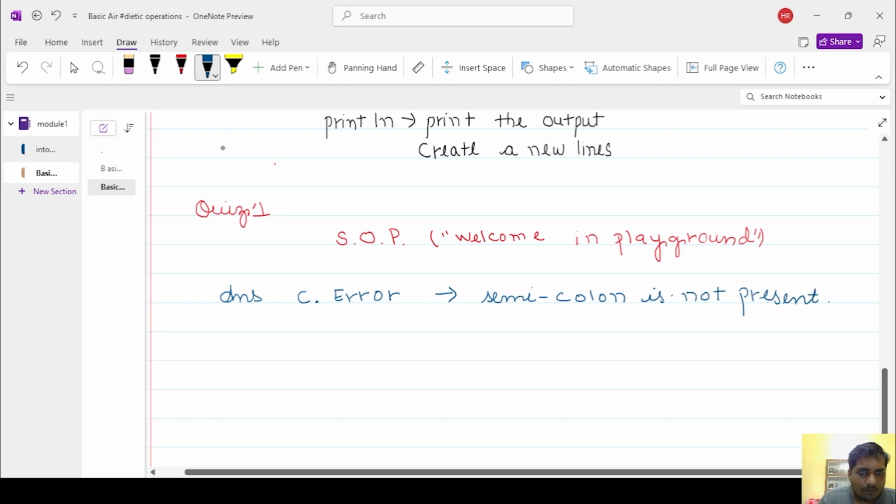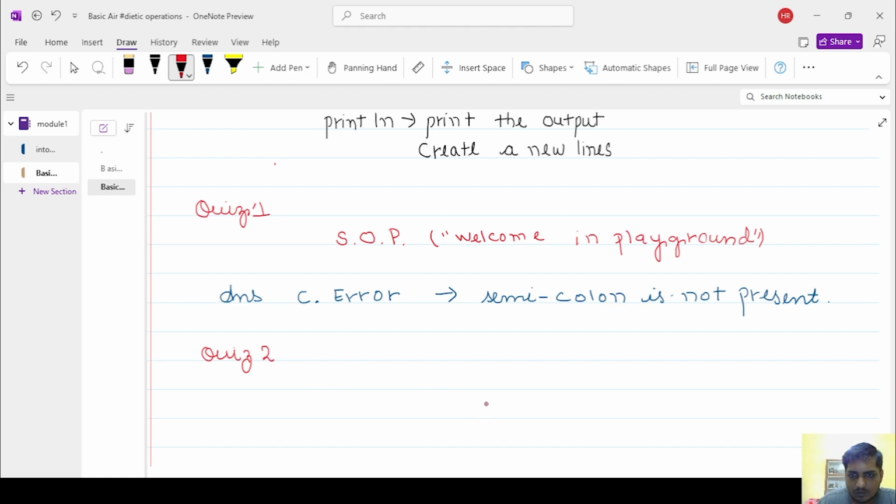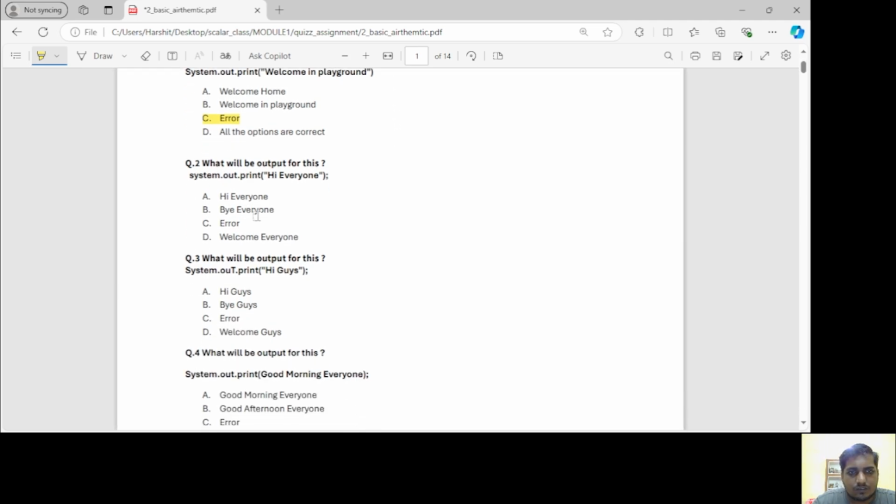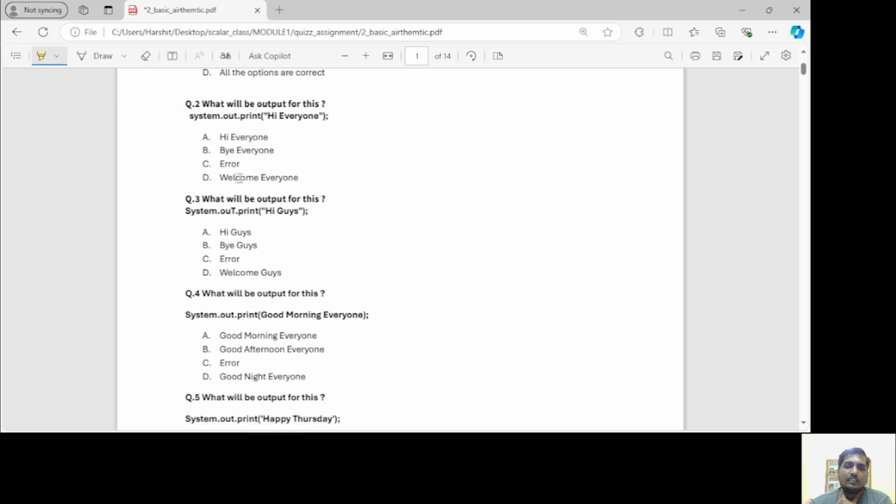Now we'll come to quiz 2. See question number 2. What will be the output of this?